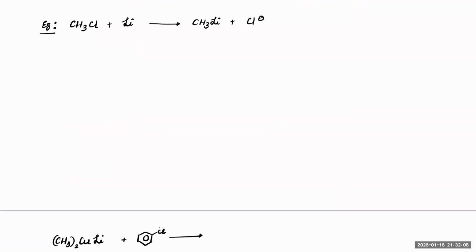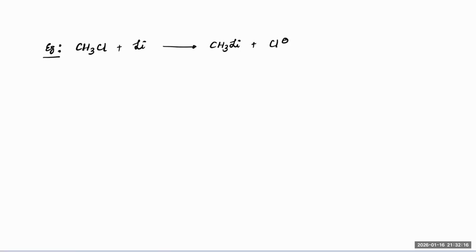And see, one more example I'm showing. If you have this case here, the second step would be CH3Li reacting with CuX, taking 2 moles, you'll get (CH3)2CuLi plus LiX.